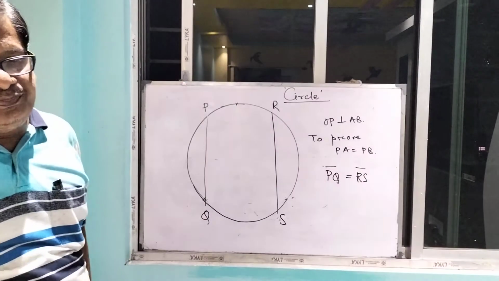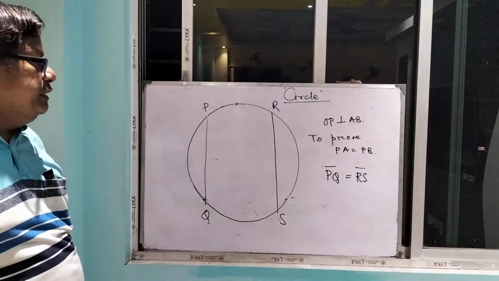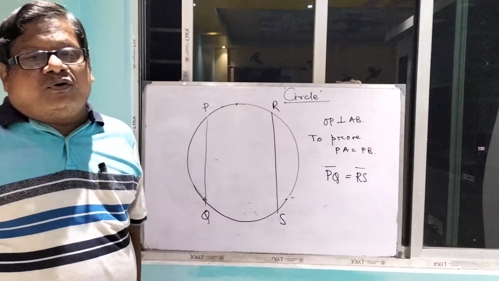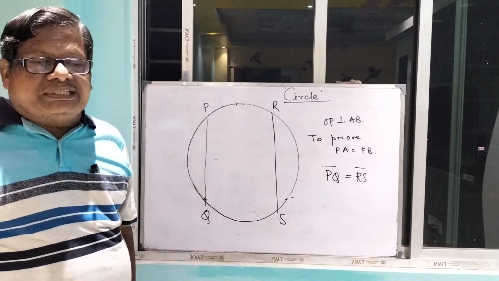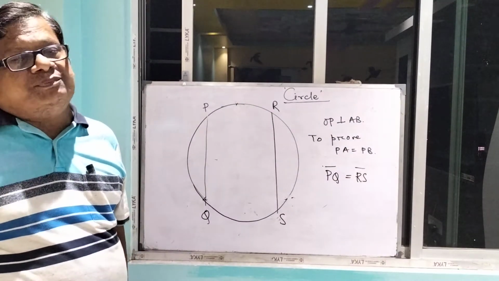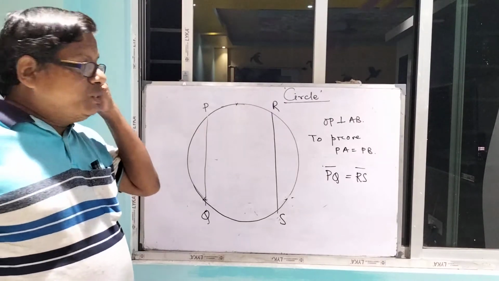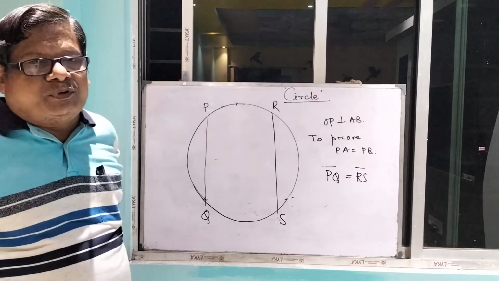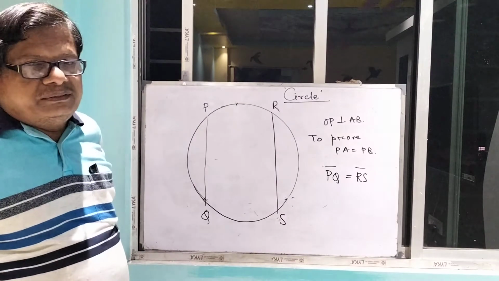So PQ chord equals RS chord. Two equal chords are given. Here an important theory is there: two equal chords are equidistant from the center. Keep in mind.